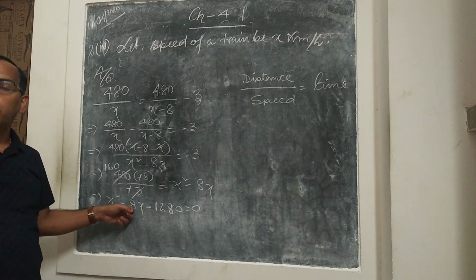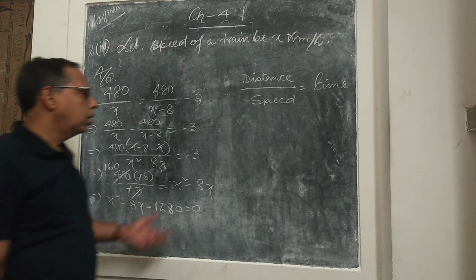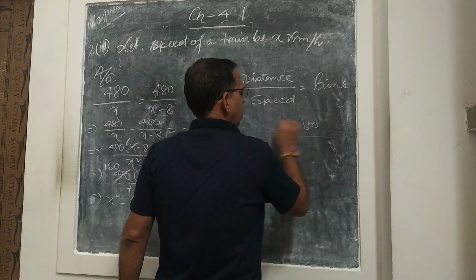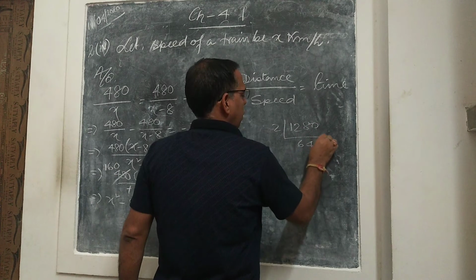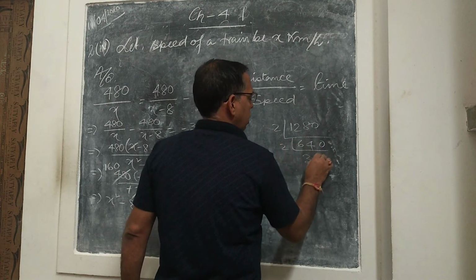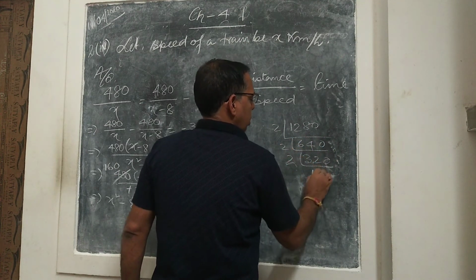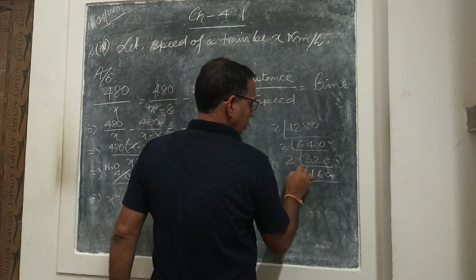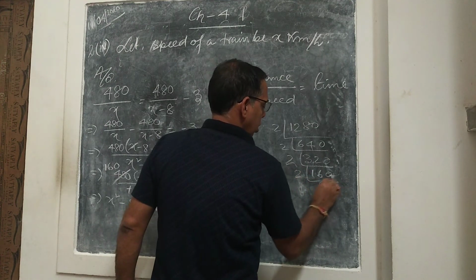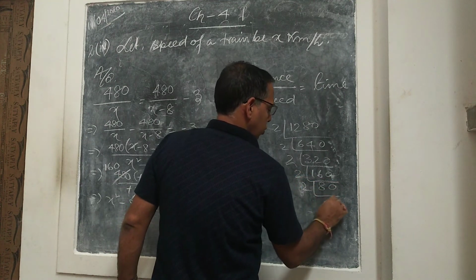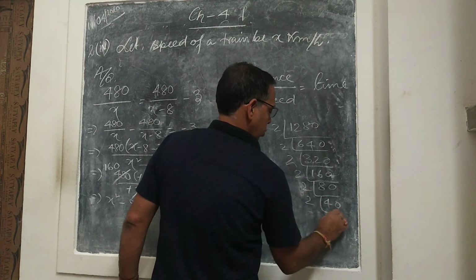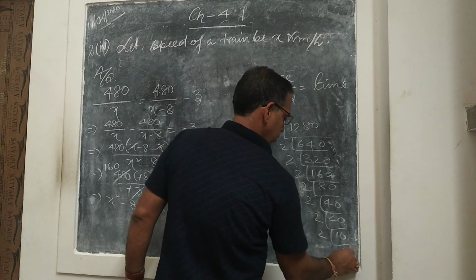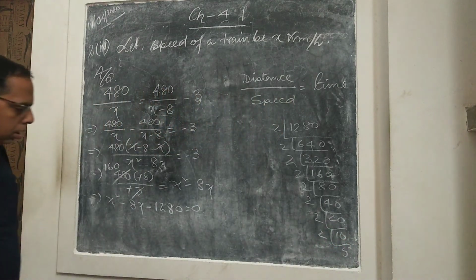Now once again, the product is negative, so the bigger one will be negative and the smaller one will be positive. Now you factorize 1280: 2 times 640, 2 times 320, 2 times 160, then 2 times 80, then 2 times 40, then 2 times 20, then 2 times 10, and then 2 times 5.